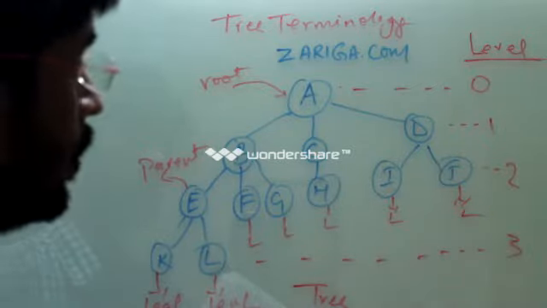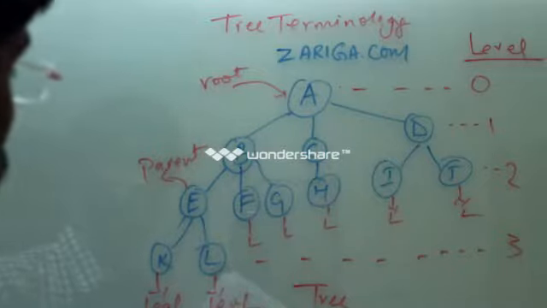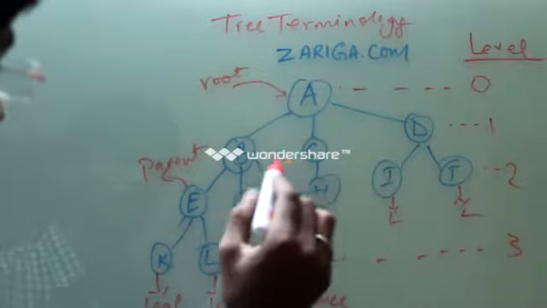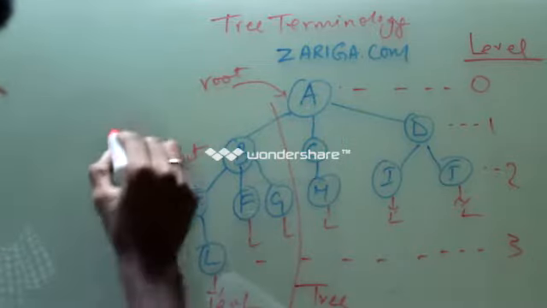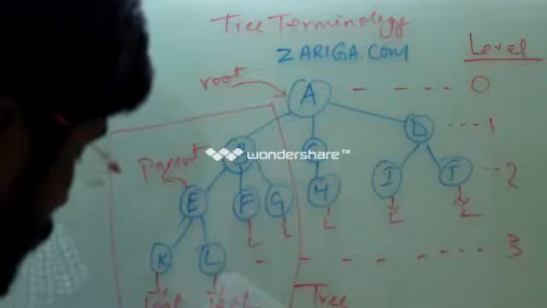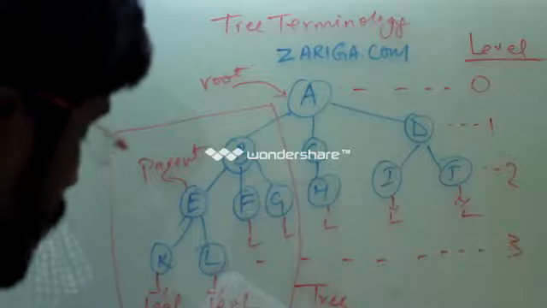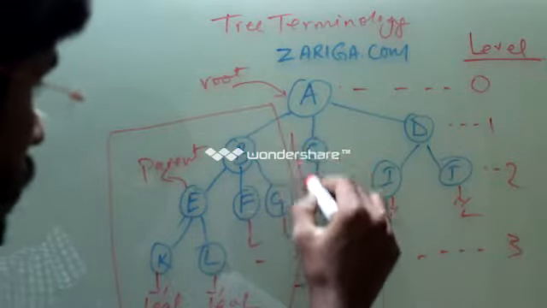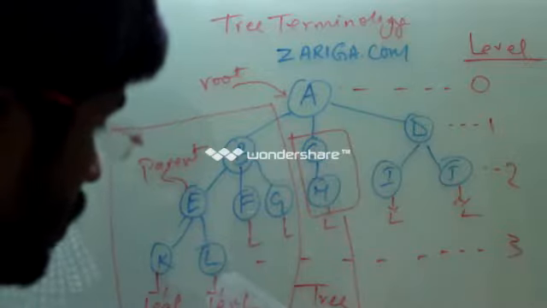Okay, so let us see how many subtrees we have under A. If I cut down like this, I can say subtree T1. This is another subtree, T2.